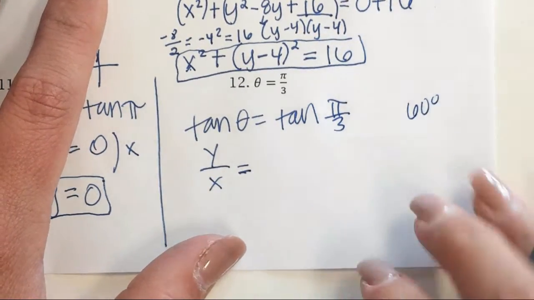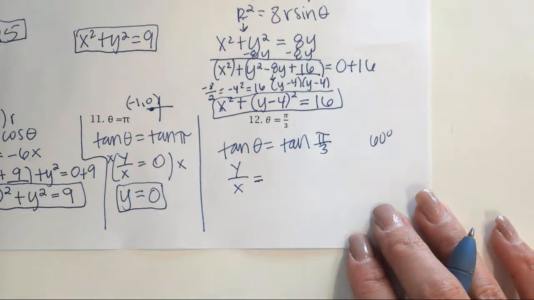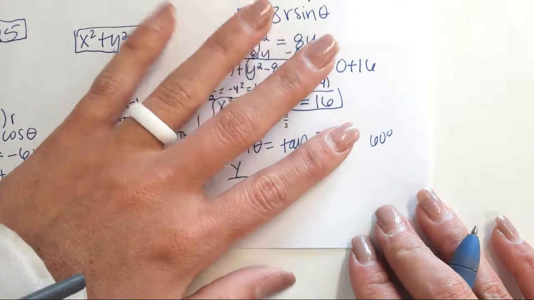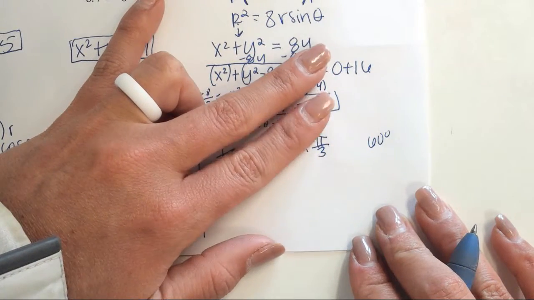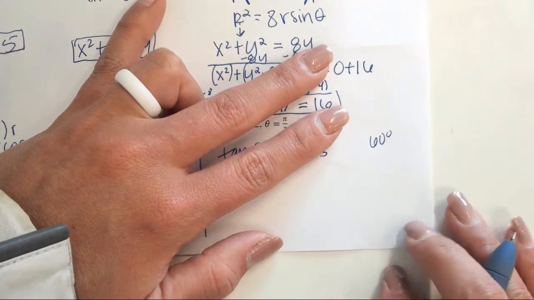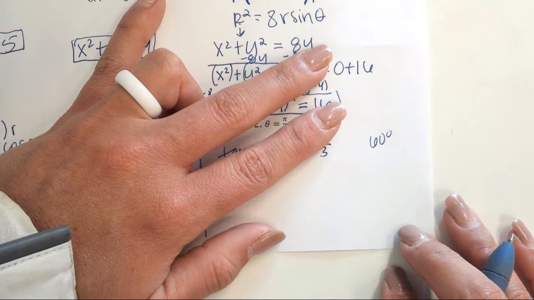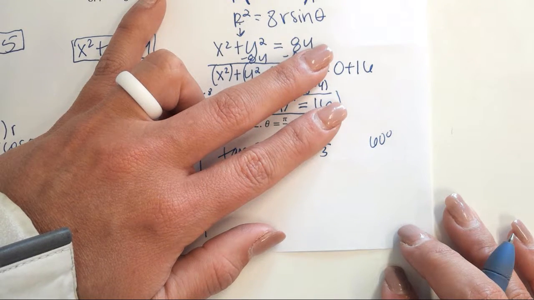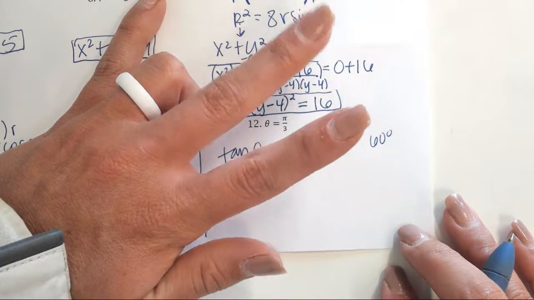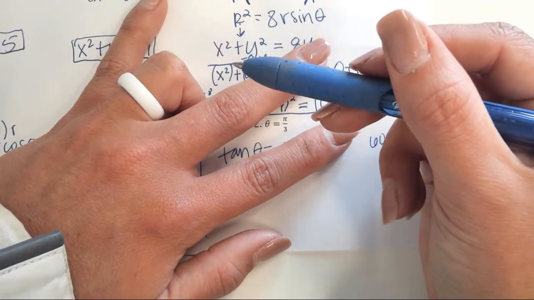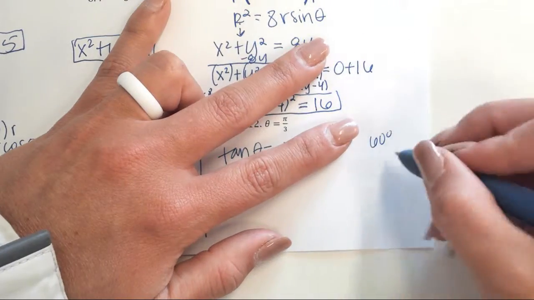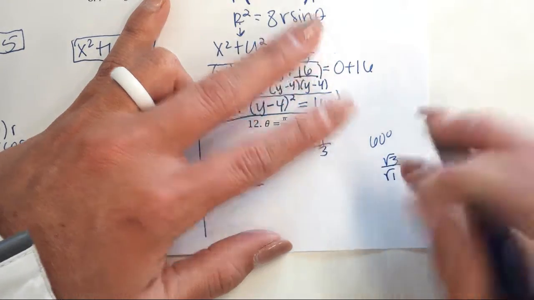Good. So if you use the hand trick, 60 degrees is what finger? Ring finger. And tangent is sine over cosine, right? Which side is sine? Thumb side. So it's square root of over square root of. So the answer is what? Very good.